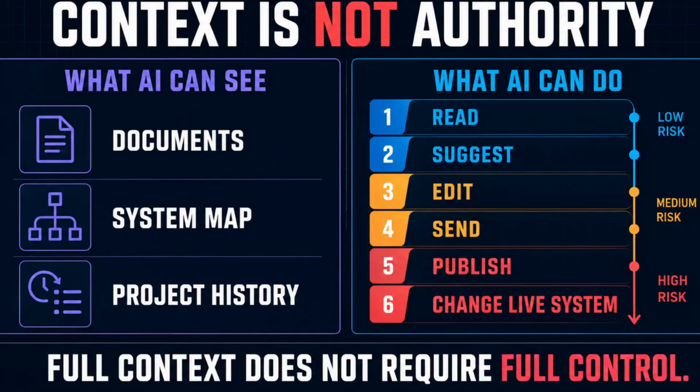If the job is to inspect a problem, it does not need permission to publish a fix. Giving context to AI is not the same as giving authority to AI. The AI may need to understand the full system. That does not mean it should be allowed to change the full system.